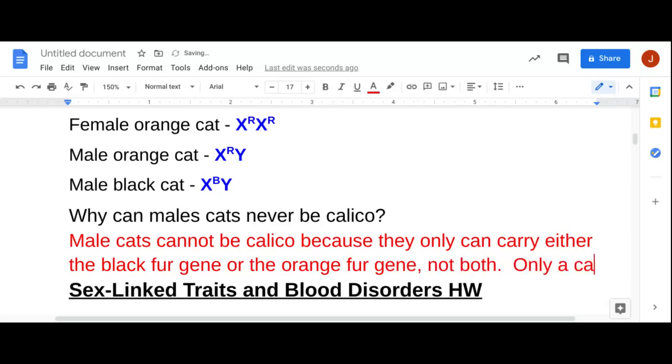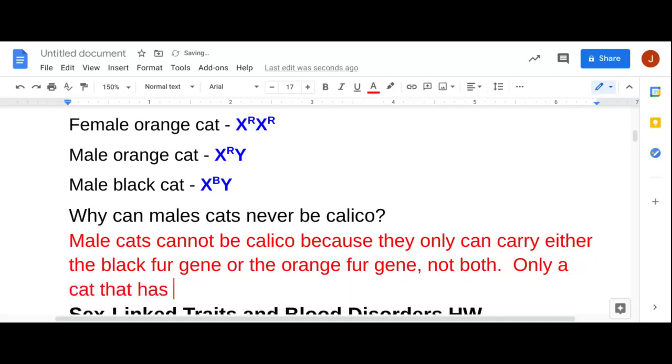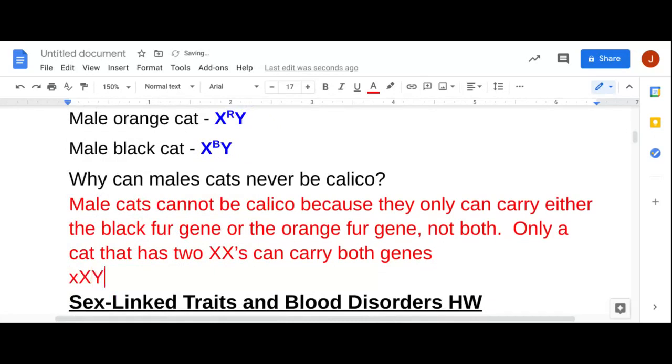Only a cat that has two X's can carry both genes. Now you might see a male calico cat, and that's because sometimes in meiosis, eggs and sperm are not produced properly. So sometimes you might see an XXY, which is a kind of condition. And in that case, you can have a male cat that actually is calico, but that's going to be rare.